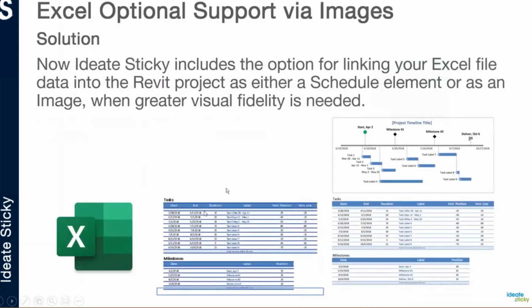Well, in the past, like we said, we were only able to bring in with the Excel schedules just the actual tabular data, right? So in this case, tasks and milestones. But if there were charts, pie charts, graphs, things like that that were part of that, those were just ignored. Now, with the images, that can be brought in and displayed as an image as well.